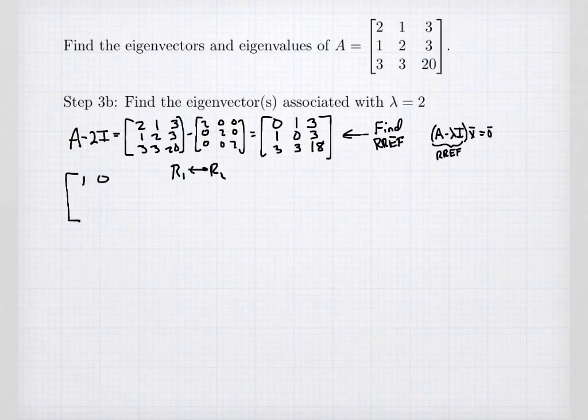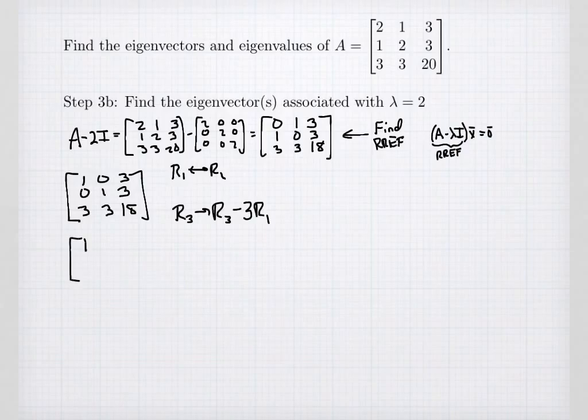So I get 1, 0, 3, 0, 1, 3, 3, 3, 18. And now we're going to take row 3 and replace it by row 3 minus 3 row 1, to give me 1, 0, 3, 0, 1, 3, 0, 3, 9.